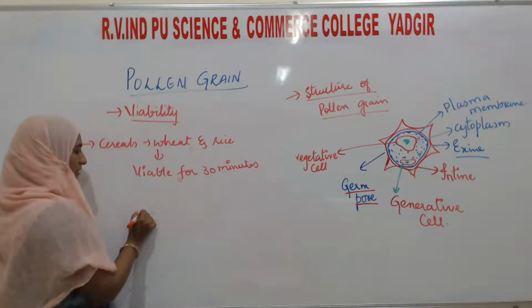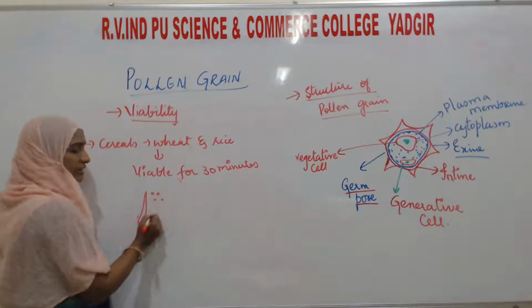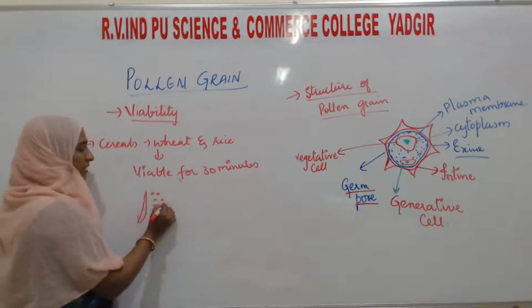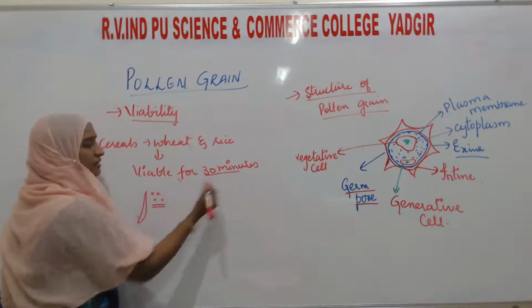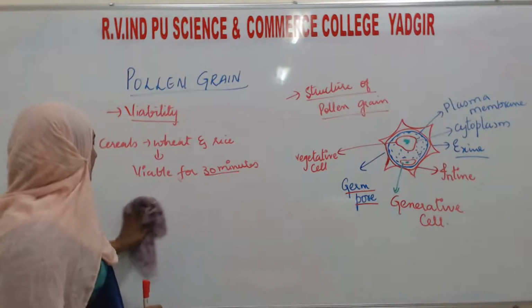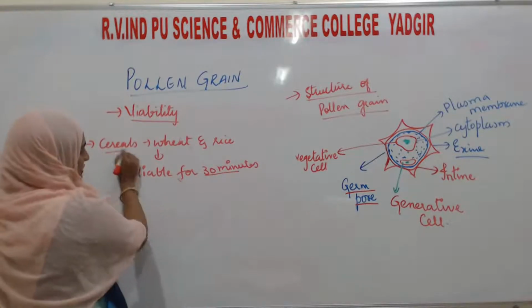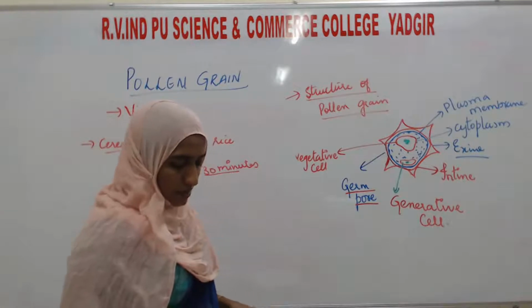For example, this is the wheat plant. Once a pollen grain has been released from the wheat plant, it can pollinate only within 30 minutes.